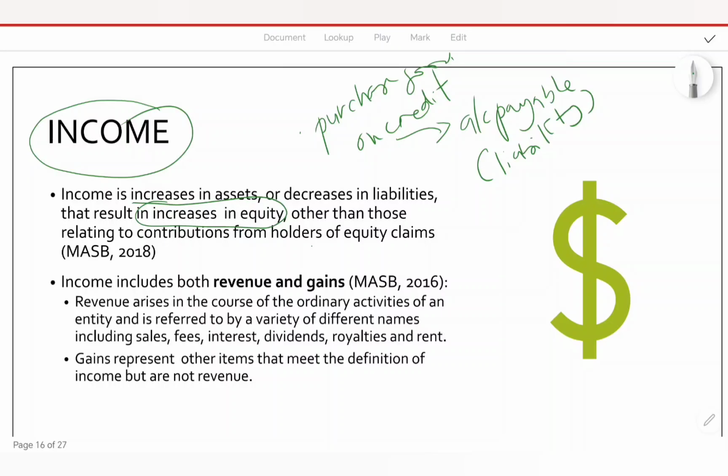Let's say, for example, according to the terms and conditions stated in the invoice, if you make a payment earlier, let's say within 10 days, you are entitled to receive a discount. That discount, we call it purchase discount, or discount received.